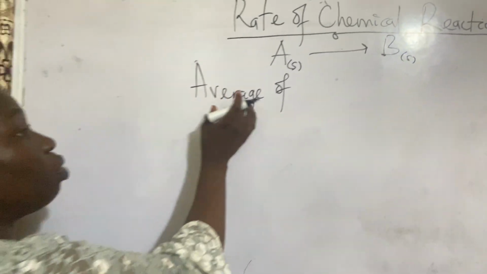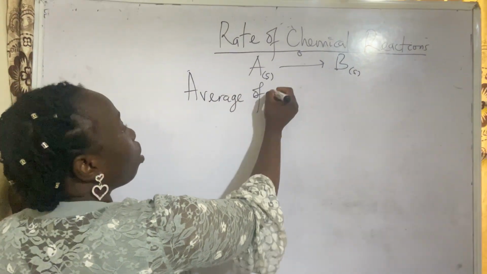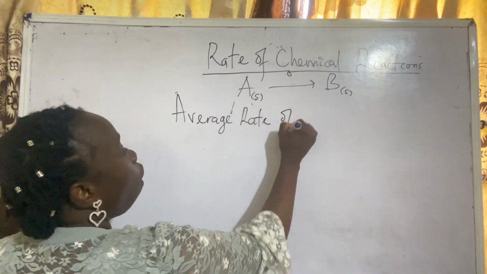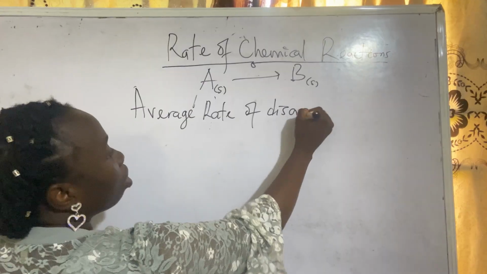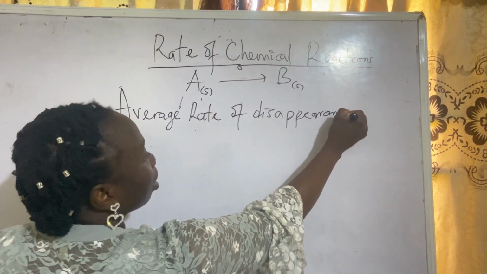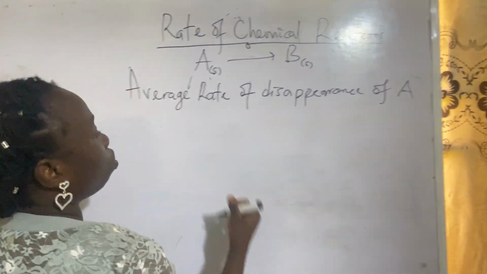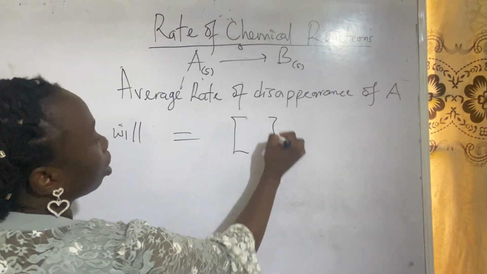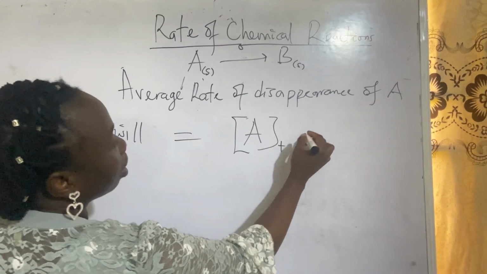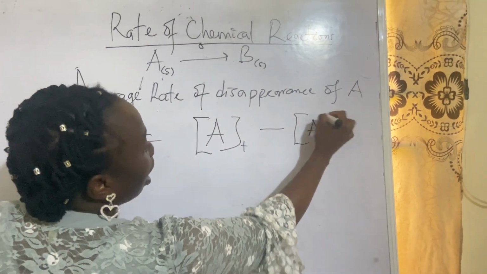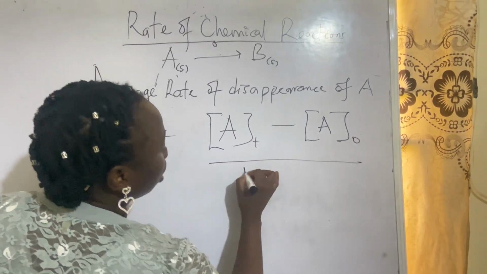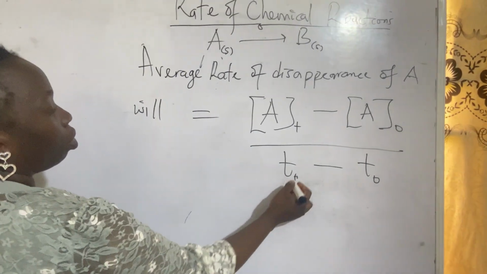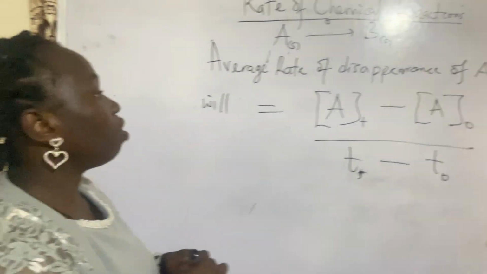It means the average rate of disappearance of A will be change in A at time t minus change in A at time 0, all over t minus time 0. So this is how the average rate will be.